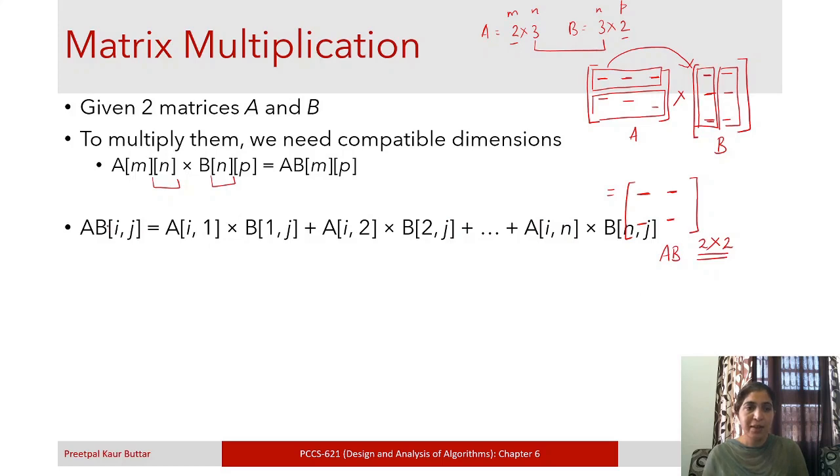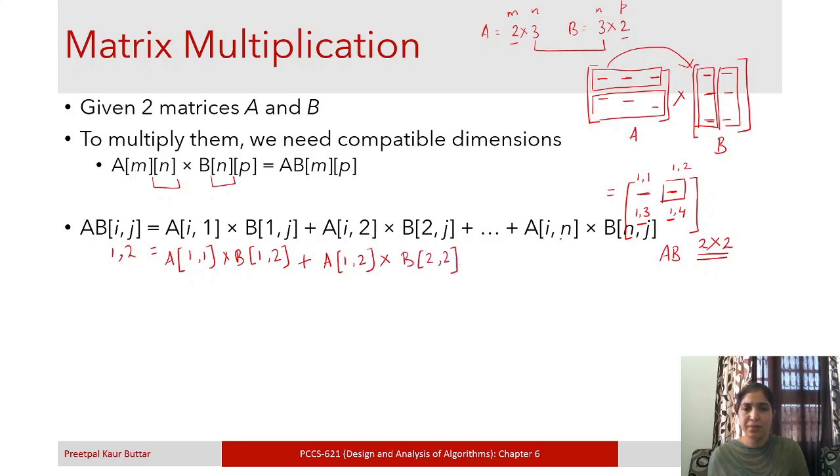So particularly if we have any cell whose indices are i comma j, let us talk about this index. So this is index 1 comma 1, this is 1 comma 2, this is 1 comma 3, and this is 1 comma 4. So here i is 1 and j is 2, and it is equal to a i comma 1 into b 1 comma j plus a i comma 2 into b 2 comma j.